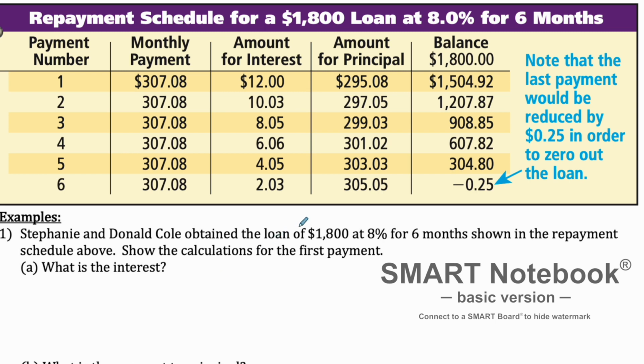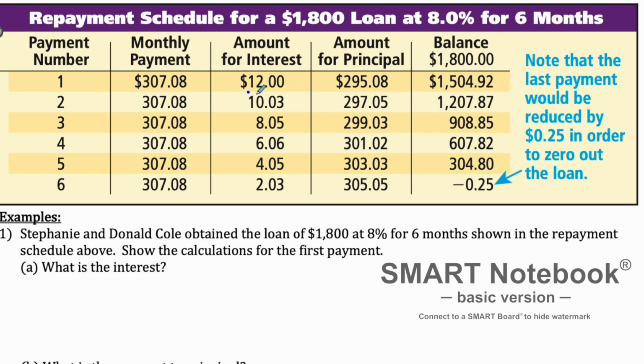In this first example, Stephanie and Donald Cole obtain a loan for $1,800 at 8% interest for 6 months as shown in this repayment schedule above. It was just a 6-month loan. Over those 6 months, their monthly payment was $307.08.